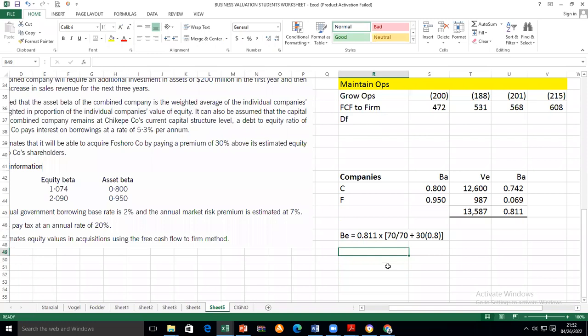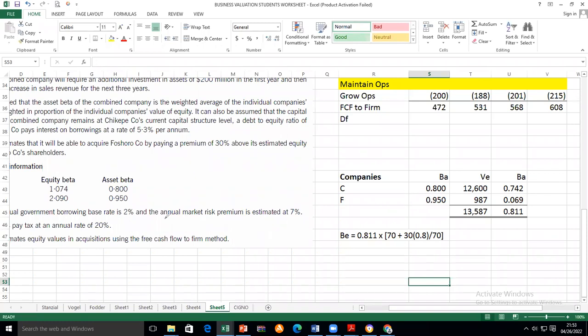Okay, let me just make sure that I put this correctly. So when you're doing it directly, this is the way it goes. 70, value of equity over value of debt divided by the value of equity.